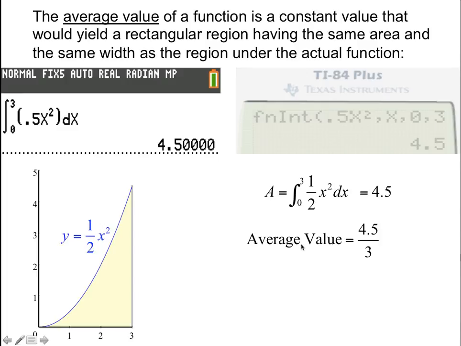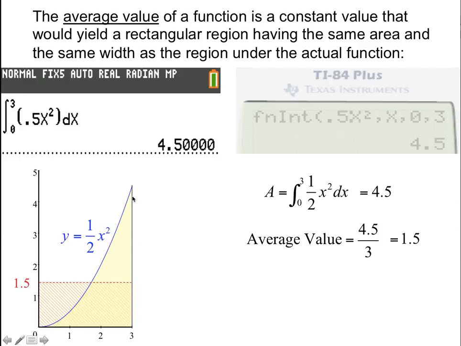So our average value is going to be the value of the integral divided by 3. We must have a y value for the constant function of 1.5. If we draw this rectangle, 1.5 tall, 3 wide, that also has an area of 4.5. So 1.5 is the average value of this function between 0 and 3.